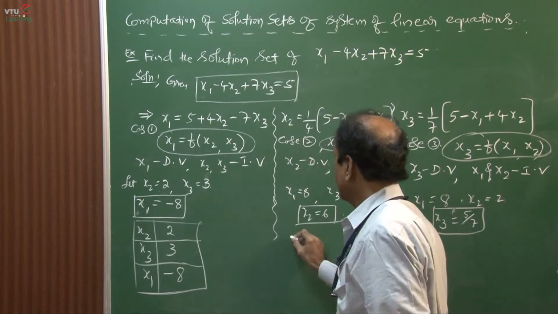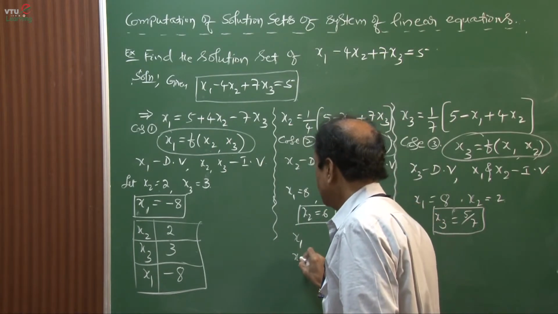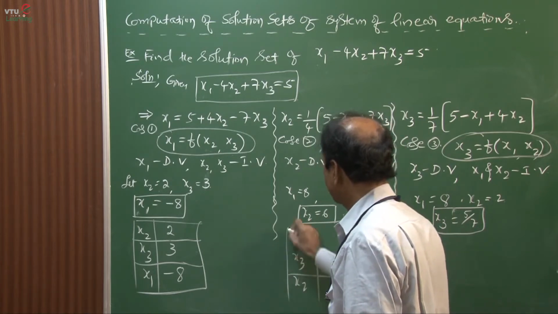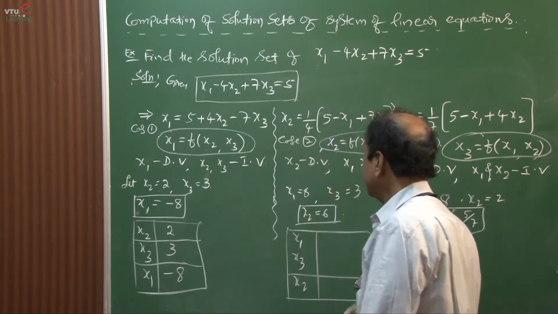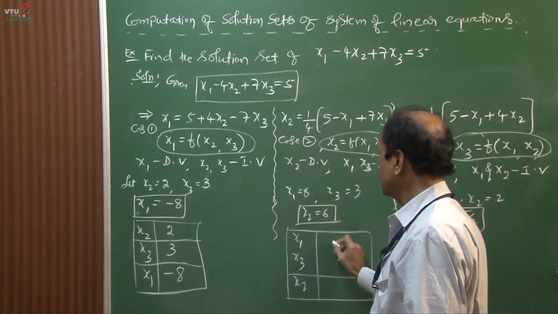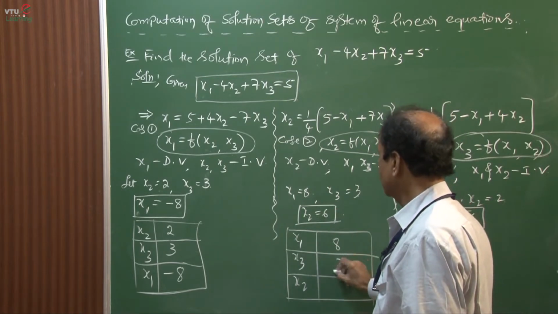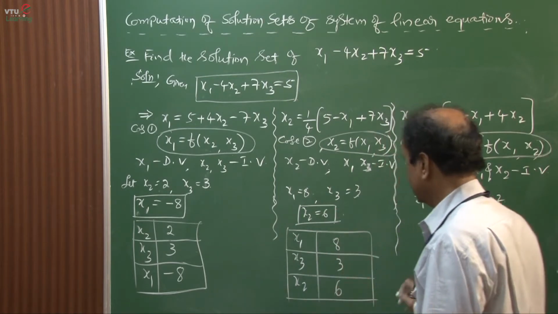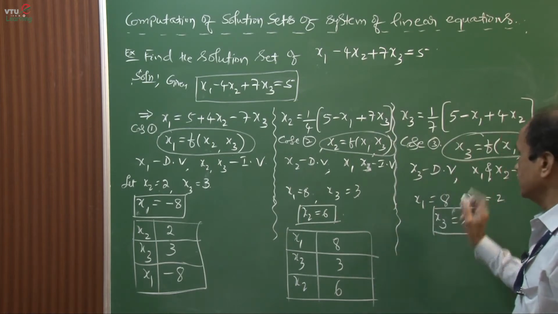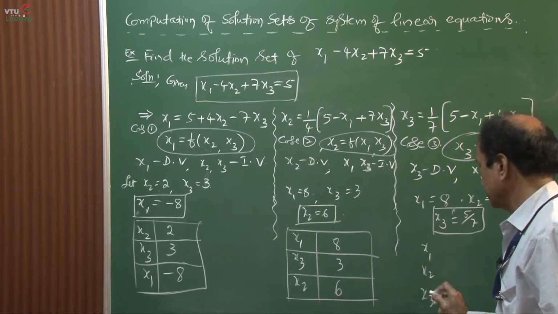Then here, x2, x1 and x3: based on the dependent and independent variable values 8 and 3, I will be able to get this one as 6. Next is x3, meaning x1, x2 and x3.